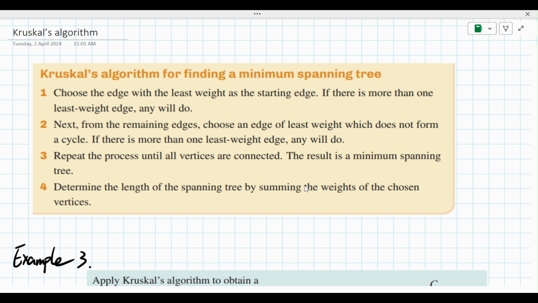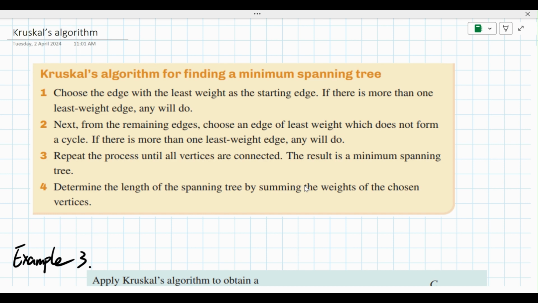Choose the edge of least weight as the starting edge, and if there's more than one least weight edge, any will do. Next, from the remaining edges, choose the edge of least weight which does not form a circle. If there's more than one, you can choose any as the next edge.